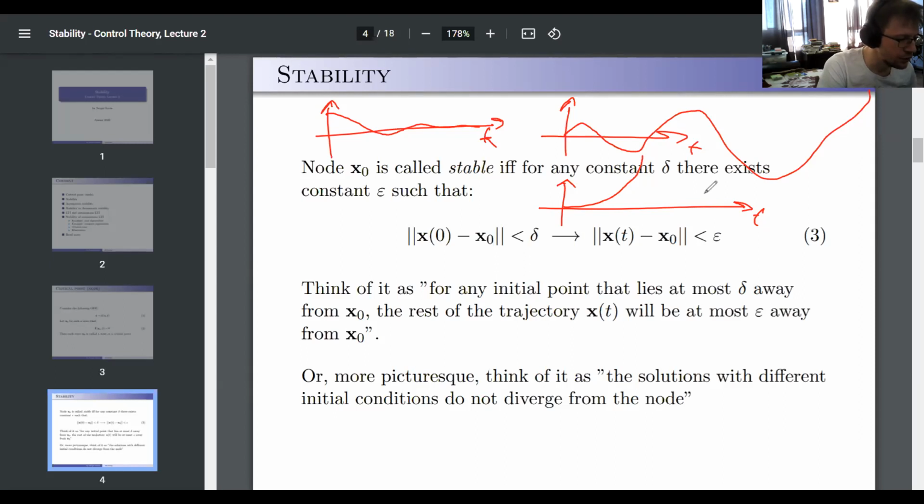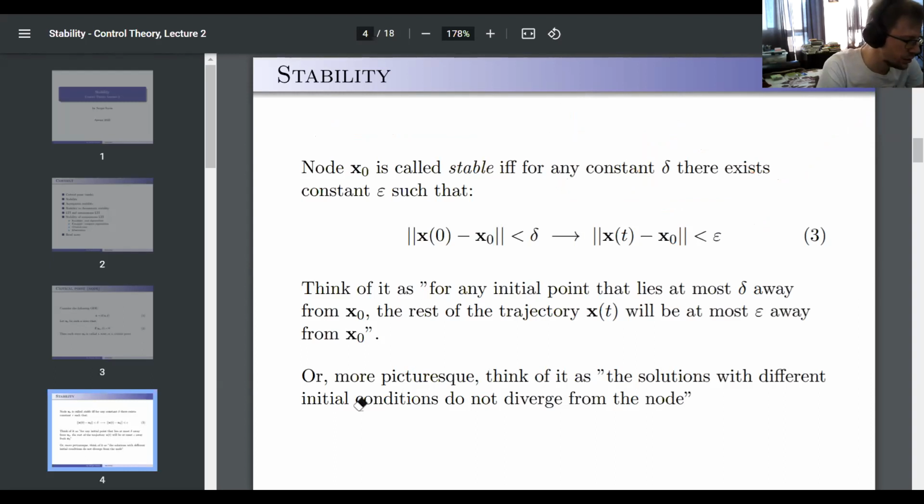So you can imagine this whole thing as the solution does not diverge. That's basically what it says. It doesn't say it converges. It simply doesn't diverge, so it doesn't go away. As long as you pick this type of initial conditions for some delta, it doesn't diverge.